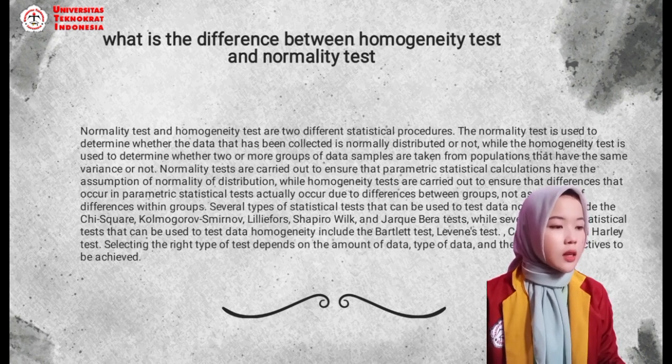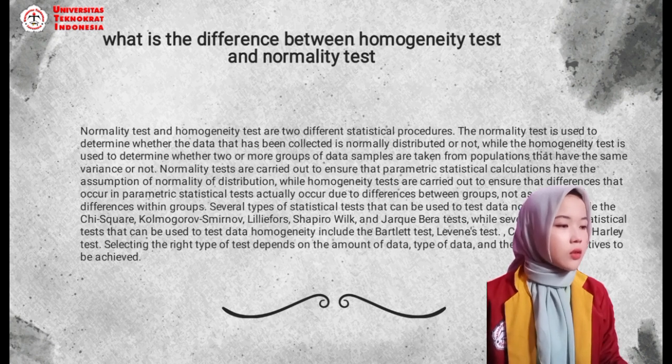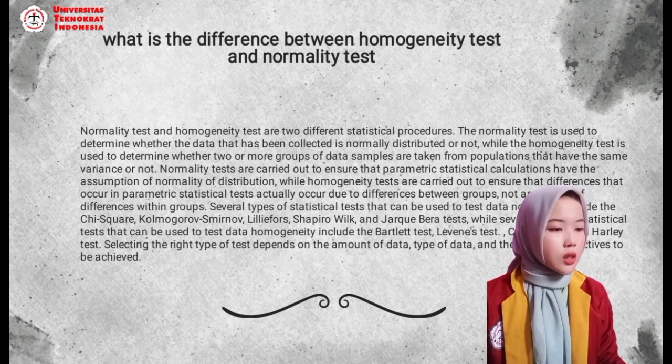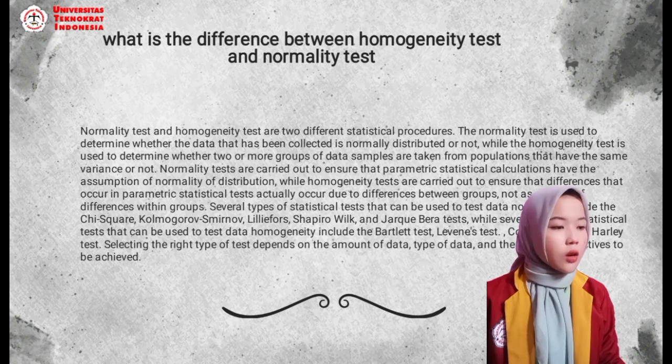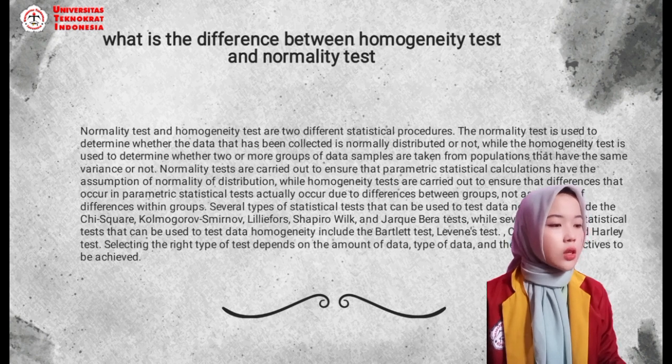Normality tests are carried out to ensure that parametric statistical calculations have the assumption of normality of distribution, while homogeneity tests are carried out to ensure that differences that occur in parametric statistical tests occur due to differences between groups, not as a result of differences within groups.